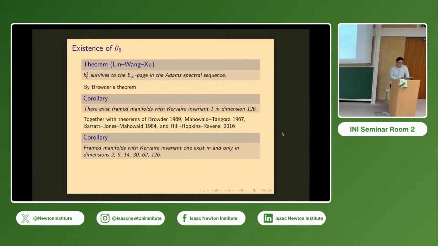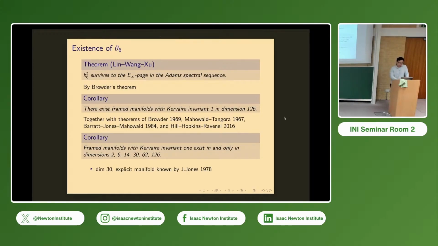I'd like to comment that this Kervaire invariant defined on smooth, stably framed manifolds is actually a group homomorphism from the stable homotopy groups of spheres, the cokernel of J, to the group Z/2. That means if there is a manifold of Kervaire invariant 1 in one dimension, then up to framed cobordism, precisely half of the manifolds in that dimension have Kervaire invariant 1, and the other half have Kervaire invariant 0.